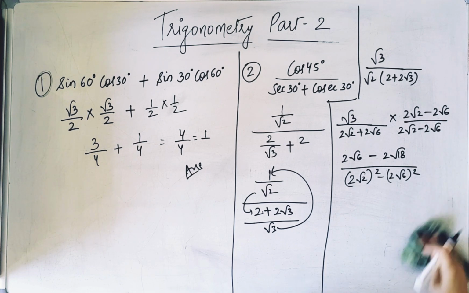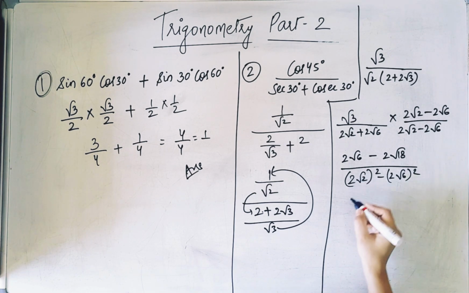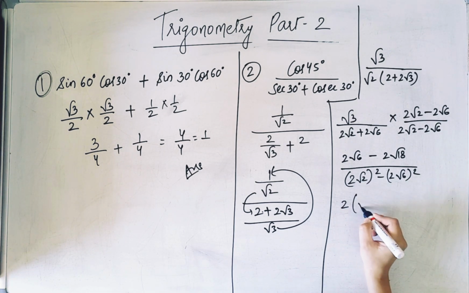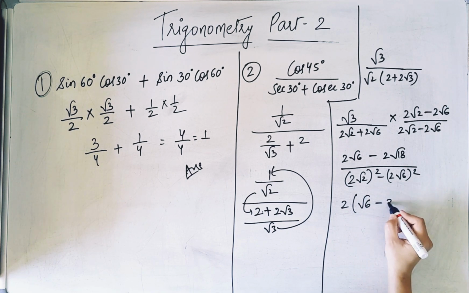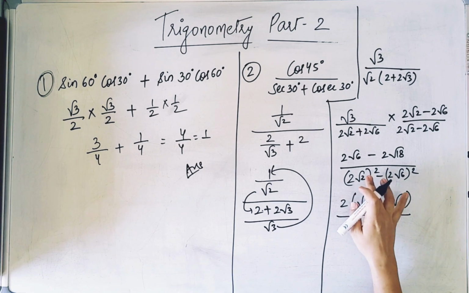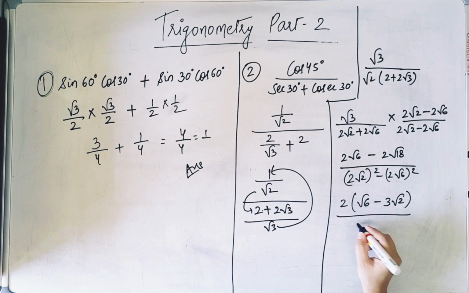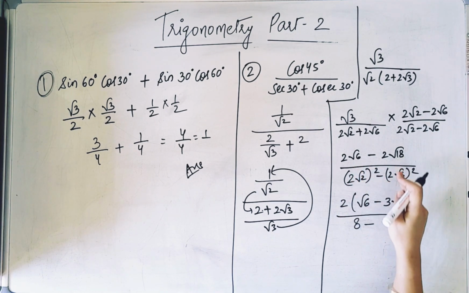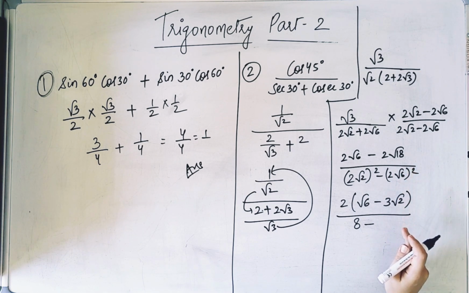So I'll write it like 3√2. So 2 I'll take common. Here I'll get √6 minus 3√2 by 2. The square of √2 is 2 and the square of 2 is 4, 4 2s are 8, minus the square of 2 which is 4 and the square of √6 which is 6, 4 into 6 is 24.